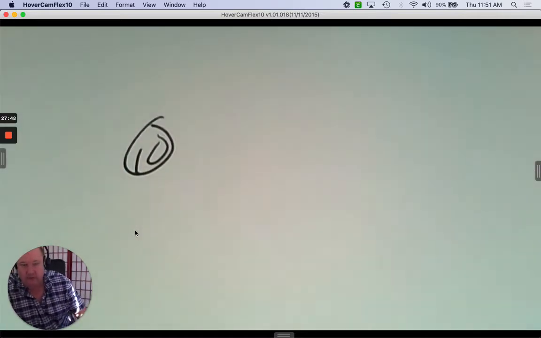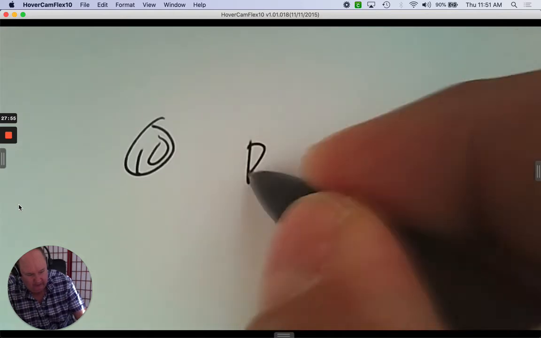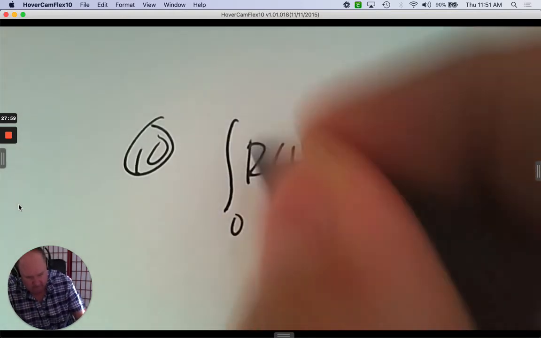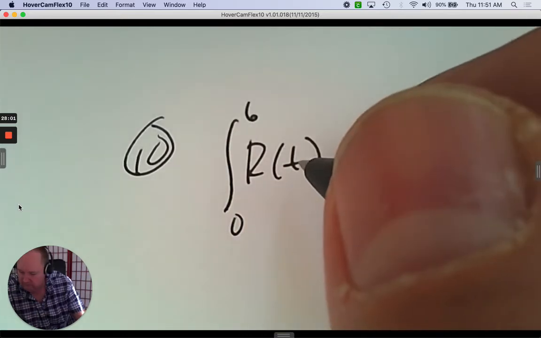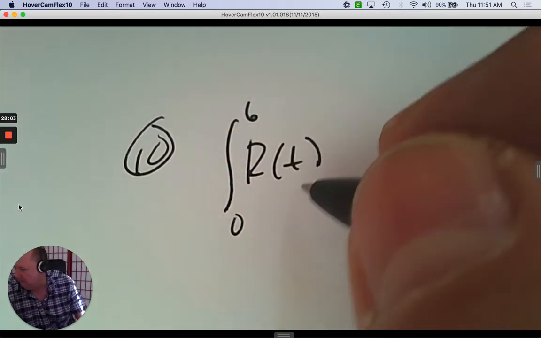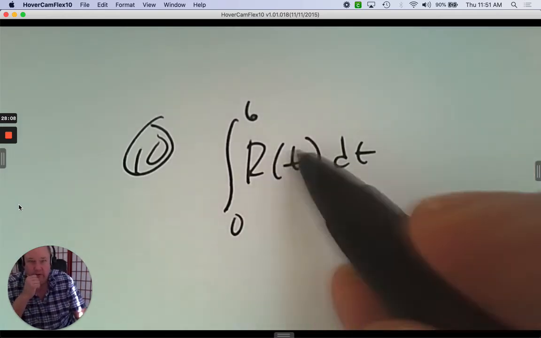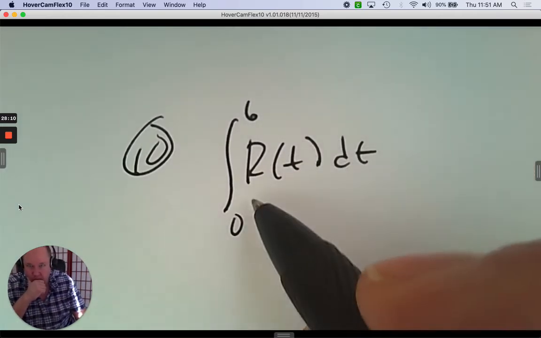In number 10, it says, write a sentence saying from problem 9, if you had a rate of coal production, what would number 10 represent? What would it represent? So this is the rate of coal production. So what would it represent?